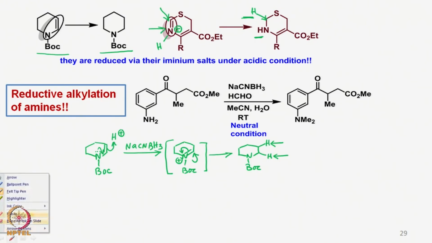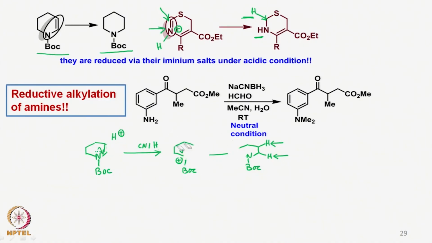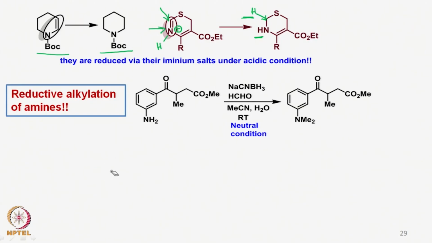If we now look at examples in which we have done alkylation, that is very interesting. I would like to discuss in detail how this alkylation of amines takes place. So let me remove this particular part which we discussed just now and look at it here.